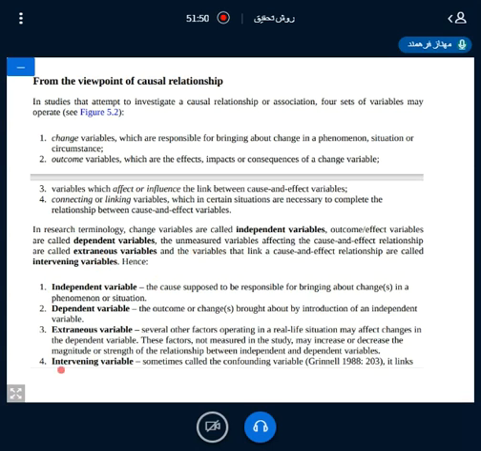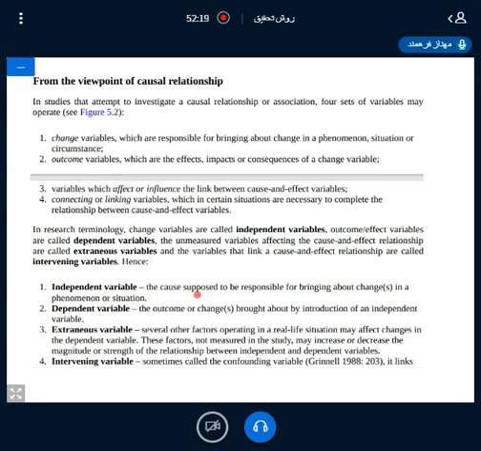So we have four kinds of variables. Please notice independent variable. And this book is very good at explaining these variables. Change variable is equal to independent variable, and outcome variable is equal to dependent variable.